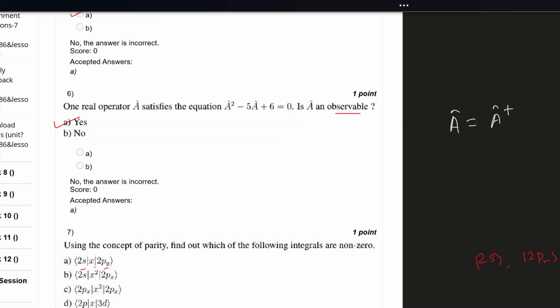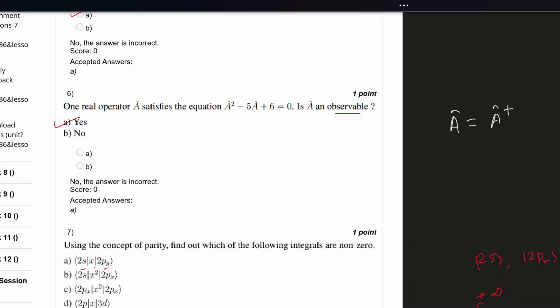Now, you know when an integral will be 0 and when it will be non-zero. If these are like expectation values, the integral limit goes from minus infinity to plus infinity, in terms of x or dx.